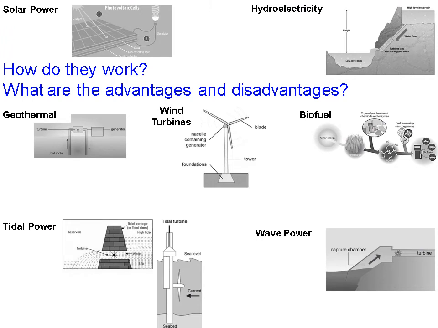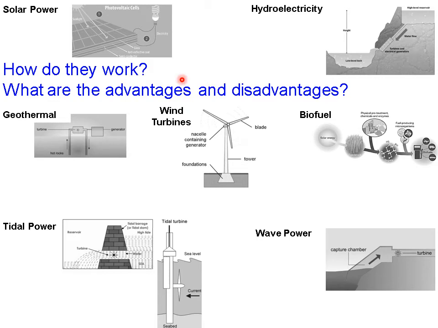Okay, so what you need to do now is make a few notes on each of the types of renewable energy resources that you need to know about. You need to do a brief outline of how each one of these works, and a little bit about the advantages and disadvantages of each one. So you can use the textbook. There's also a video link to the textbook online.